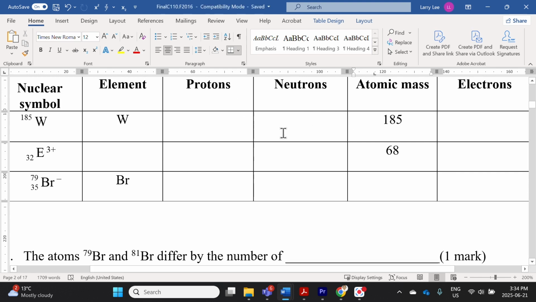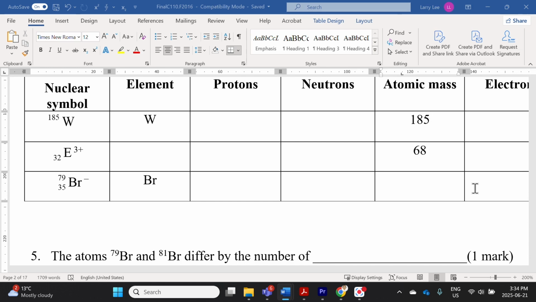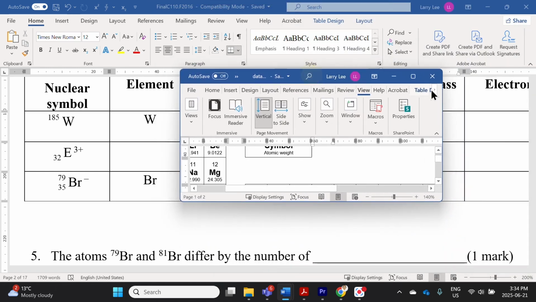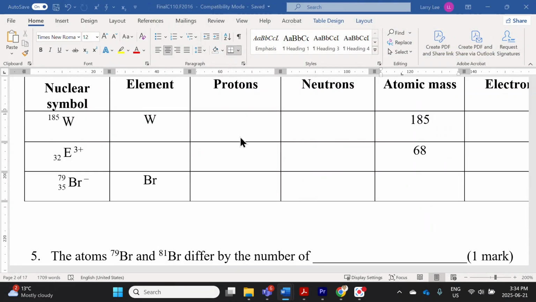And what we now have to put in, let's take a look at what's the rest of it. The number of protons is given on the periodic table. As you can see in the periodic table, the number 74 above, that is the atomic number. The atomic number is 74. That means 74 protons.